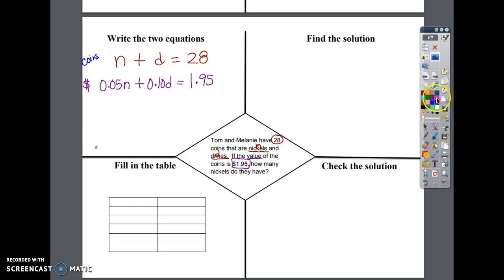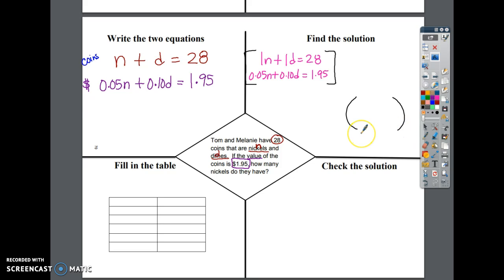So now it's very simple. You put this in matrix, which is 1n plus 1d equals 28, and 0.05n plus 0.10d equals 1.95. Put that in matrix and go find the solution.